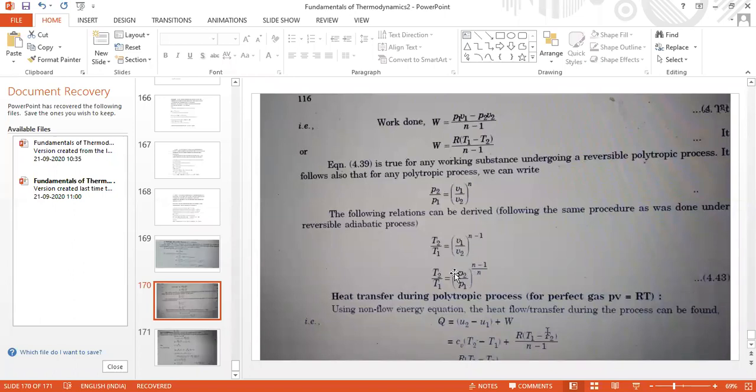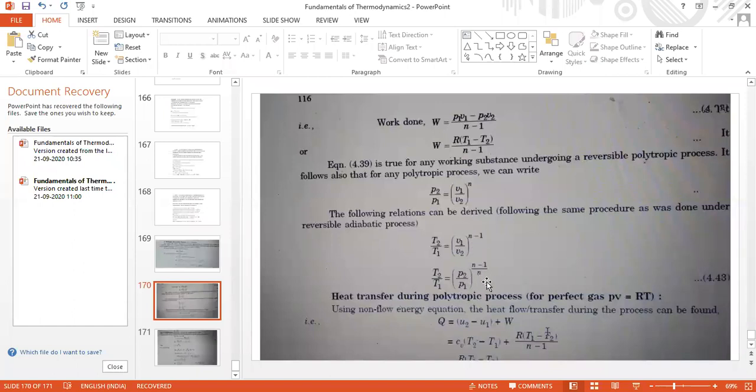V1 by V2 is (P2 by P1)^(1 by n). Then if in the place of V1 by V2 you write (P2 by P1)^(1 by n), this equation becomes (P2 by P1)^((n minus 1) by n).